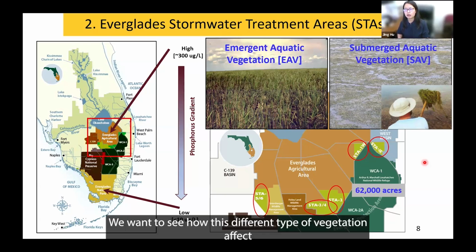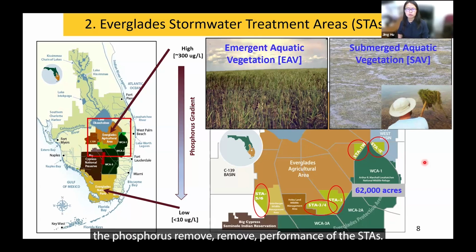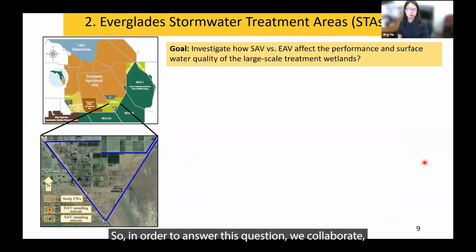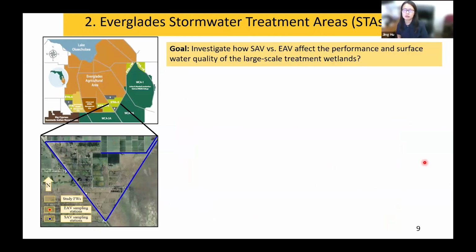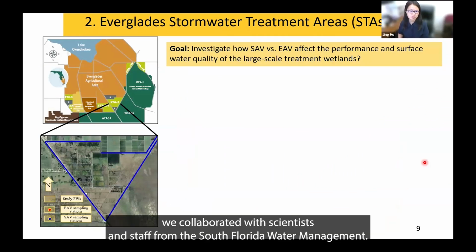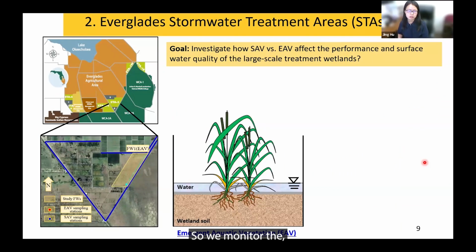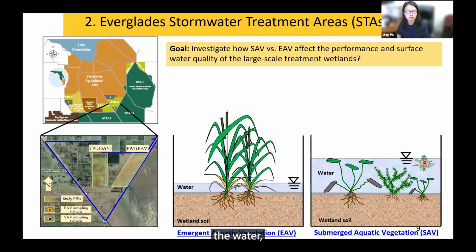We want to see how these different types of vegetation affect the phosphorus performance of the STAs. In order to answer this question, we collaborated with the scientists and staff from the South Florida Water Management District. We monitored the surface water quality in two parallel flowways within one of the STAs.